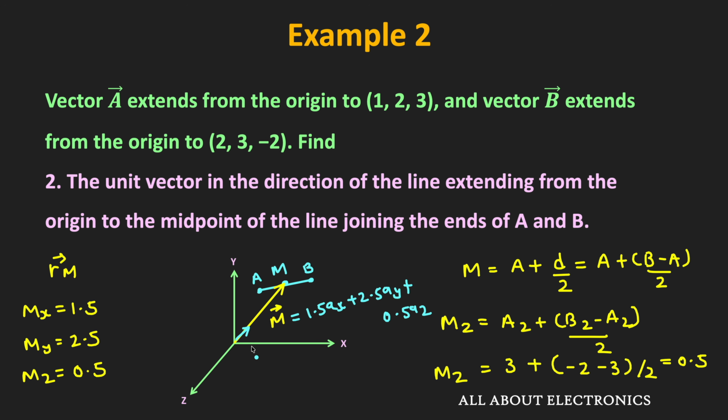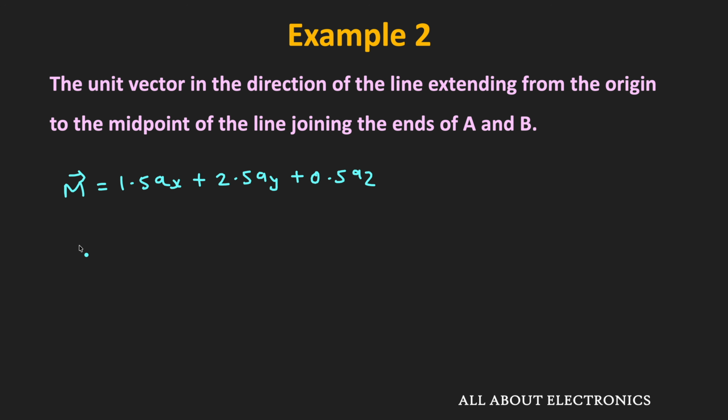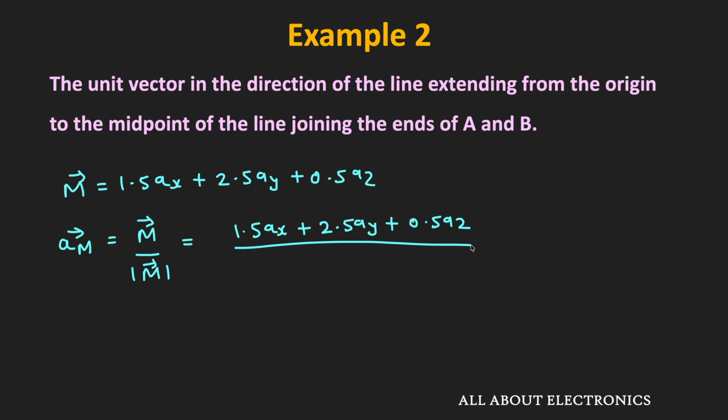So let us find that. So here, the unit vector in the direction of the M can be given as this vector M divided by the magnitude of this vector M. So that is equal to 1.5 ax plus 2.5 ay plus 0.5 az divided by the square root of this mx square plus my square plus mz square.